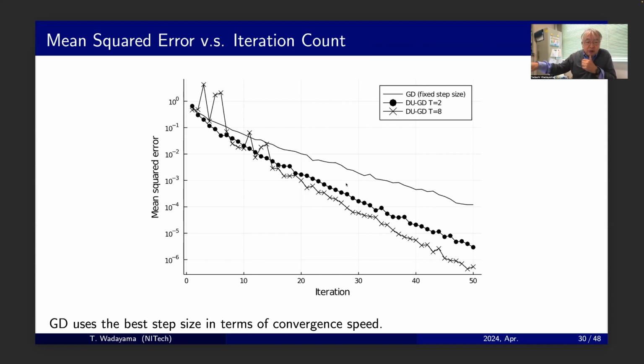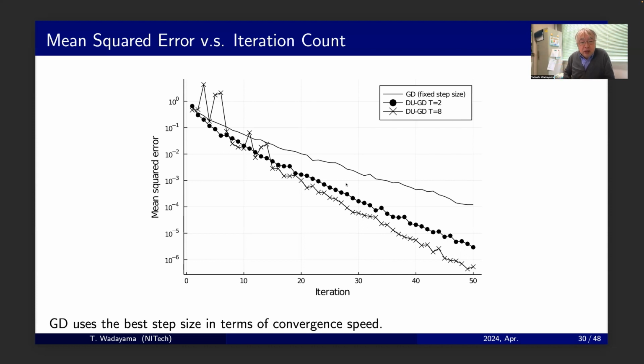The top solid curve corresponds to the original gradient descent. We used the optimal fixed step size parameter in terms of the convergence speed. So we used fixed eta for the top curve, but that parameter is optimal.